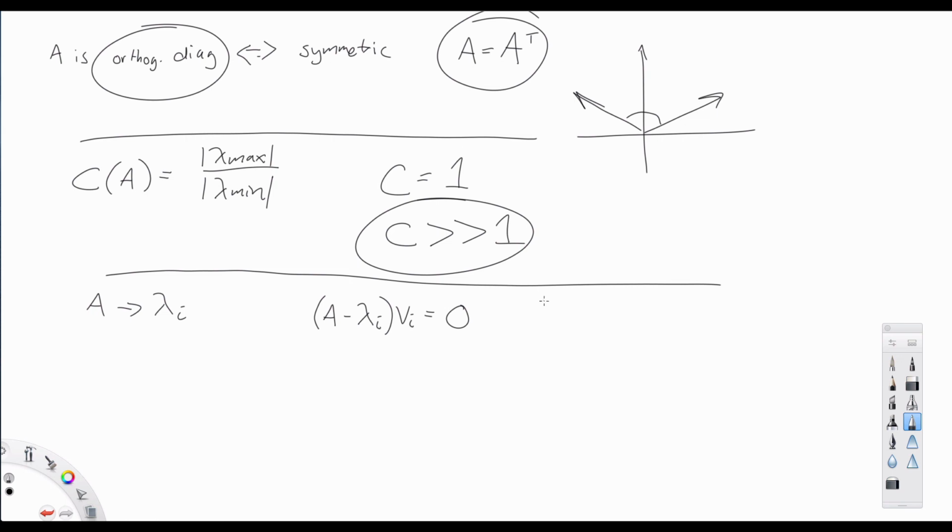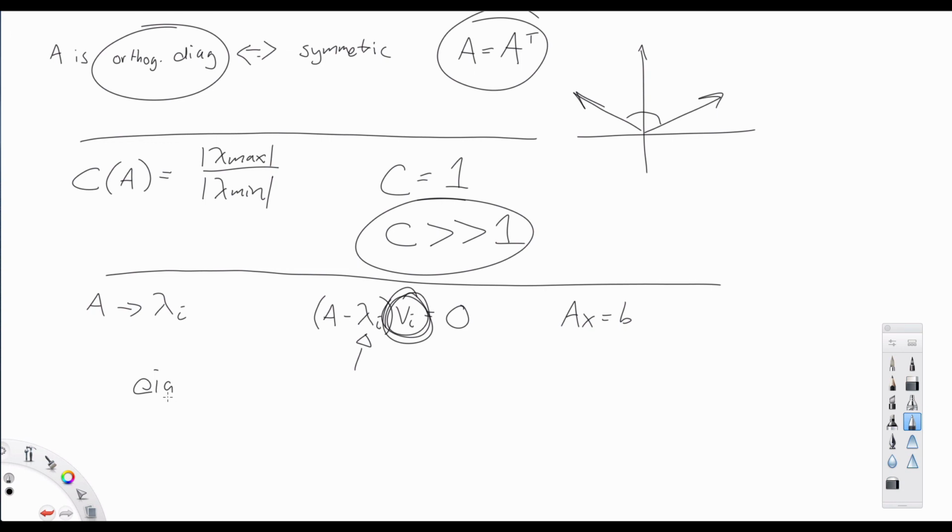Well, this is a linear system of equations of the form Ax equals b, where v_i is the unknown, and then we solve this system for v_i. We repeat this procedure for all of the different eigenvalues, and then we can get the eigenvectors. Of course, pay attention to cases where we have a repeated eigenvalue.